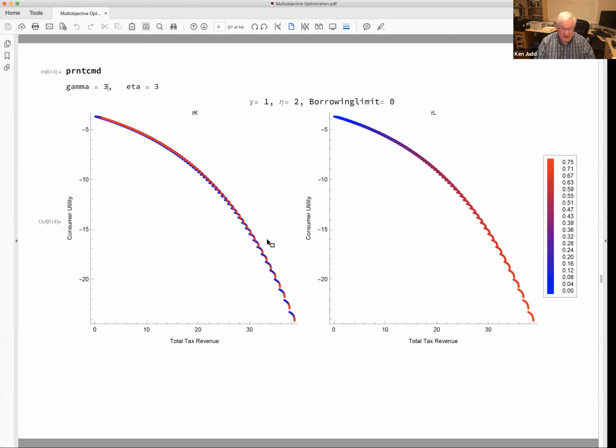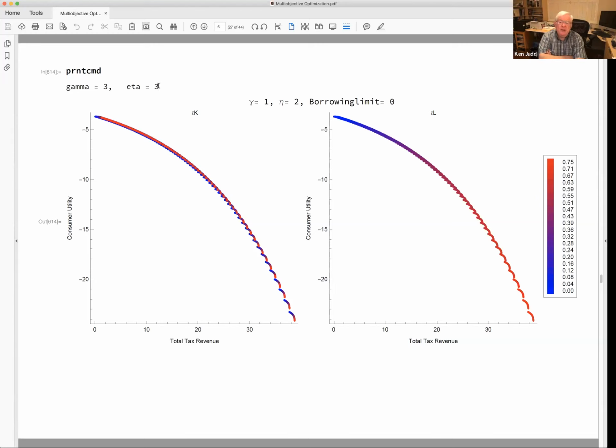And particularly, here, yes. There are some red points on the frontier indicating positive capital tax. So here, when intertemporal elasticity of substitution is low, and when the labor supply elasticity is high, then you want to use capital income tax.